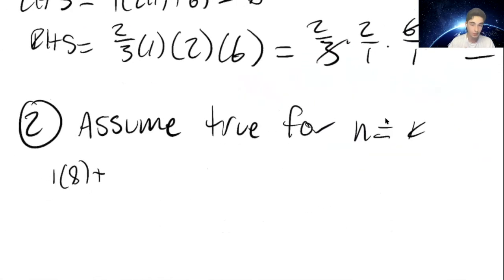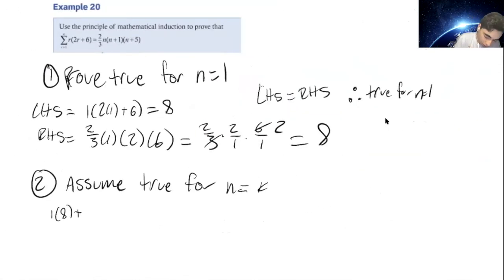Okay, so then plugging in for 2, we have plus 2 times, that would be 2 times 2 plus 6, which is 10. And then plus 3 times, that would be 12, right? It's 2 times 3 plus 6, yep. And you can keep going on and on until you get to n.